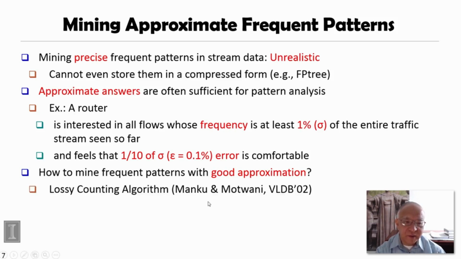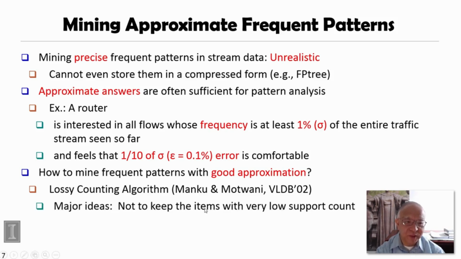In this lecture, I'm going to introduce only one algorithm, which is called the lossy counting algorithm, developed by Manku and Motwani in 2002. The major idea is not to keep all the items, especially not the items with very low support count.